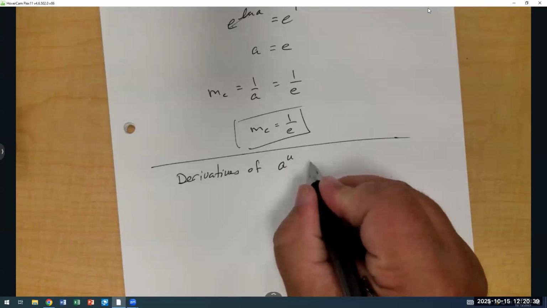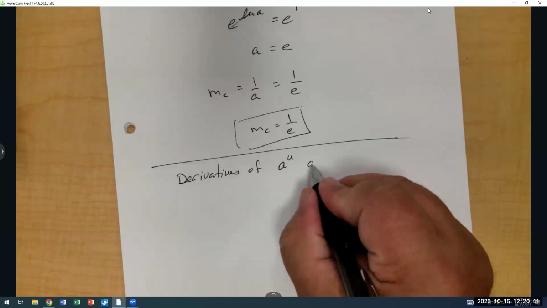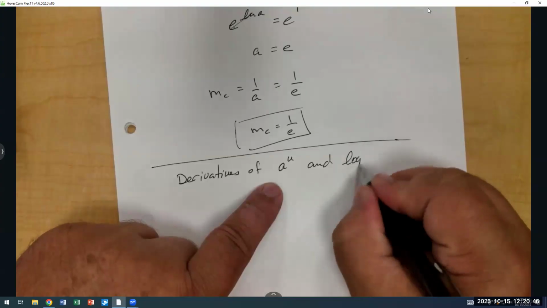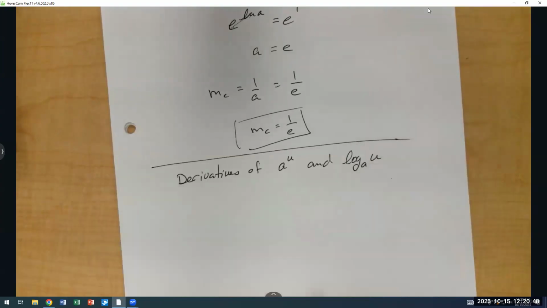Now for any other base, since it's no longer e, now we're taking log base a of u.